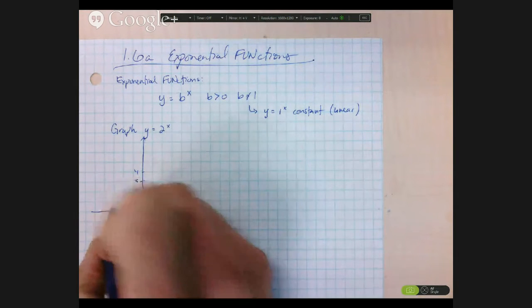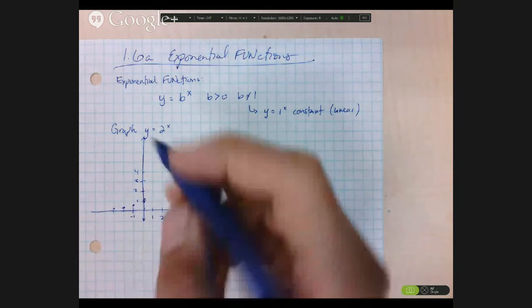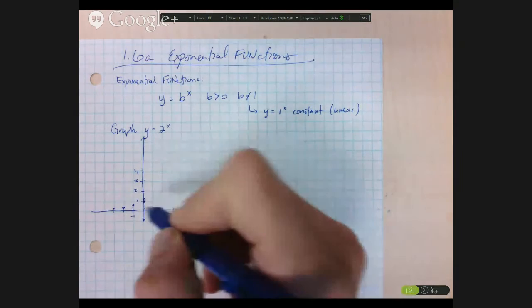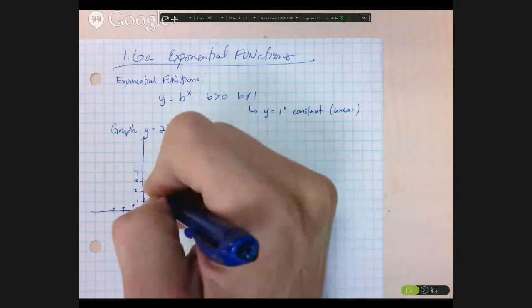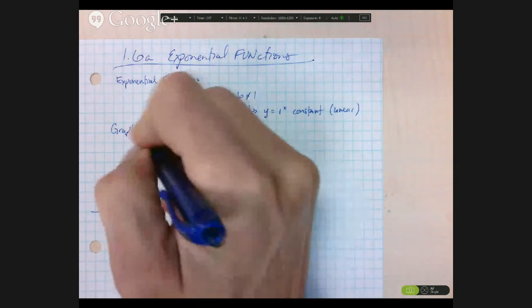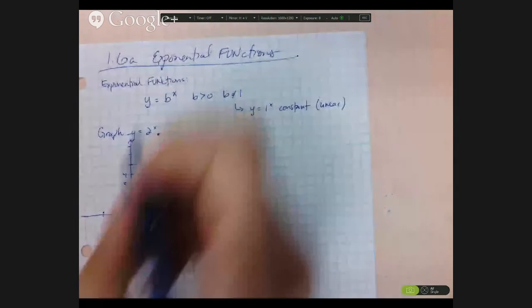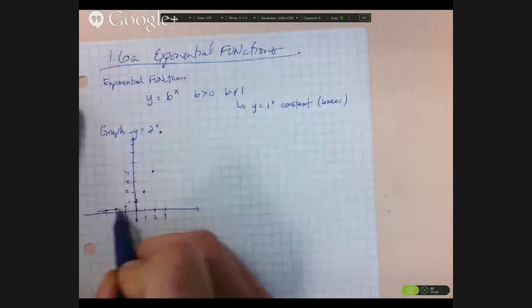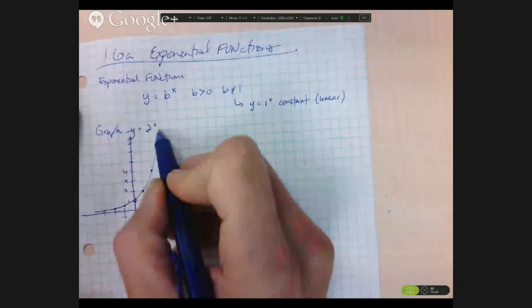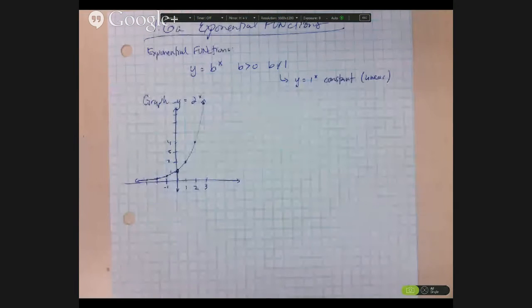Third, etc. And 2 to the first is 2. 2 squared is 4. 2 cubed is 8. So you can see these accelerate very quickly. They increase very quickly. Okay.